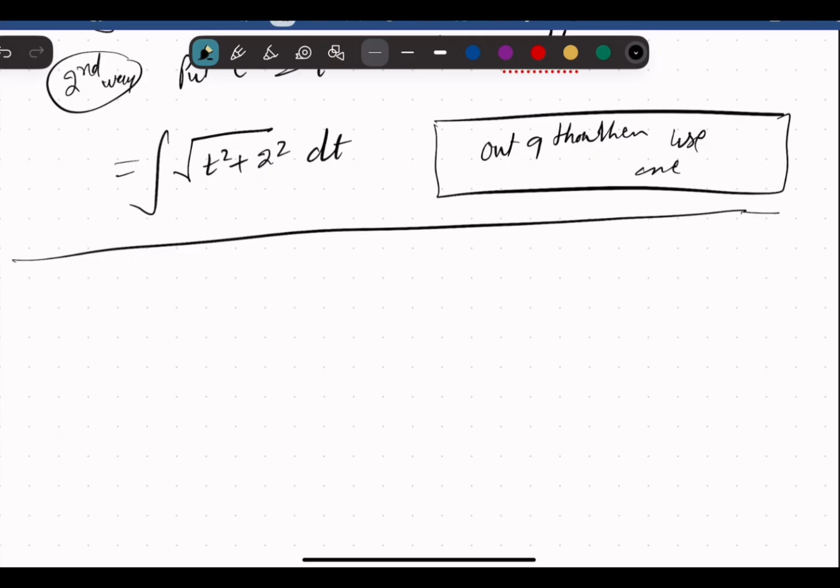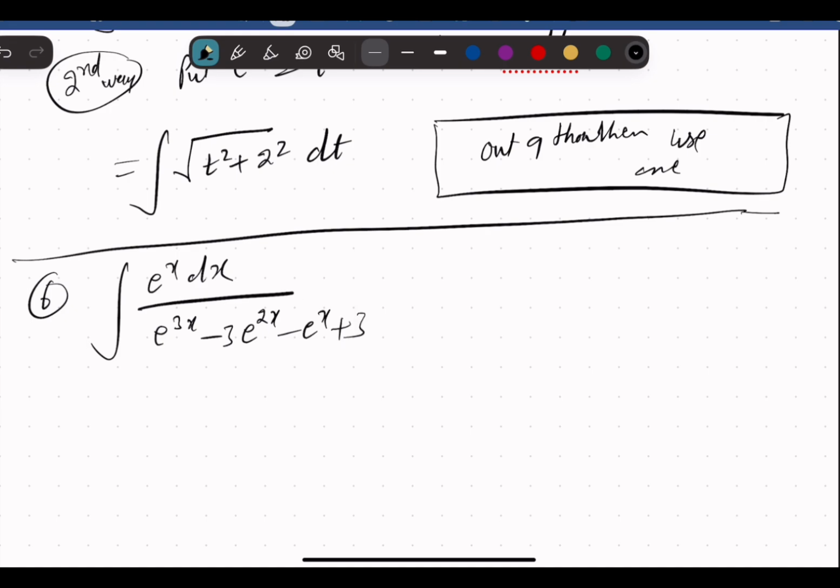Now after that you have a sixth question. That question is e power x dx over e power 3x minus 3 e power 2x minus e power x plus 3. To solve this question, what is the rule? Put e power x equal to t, because e power x is linear in all these, and here 3x, so that is linear.